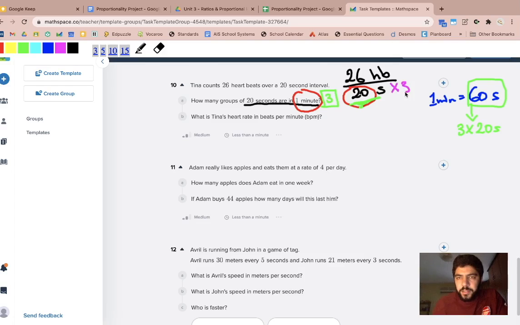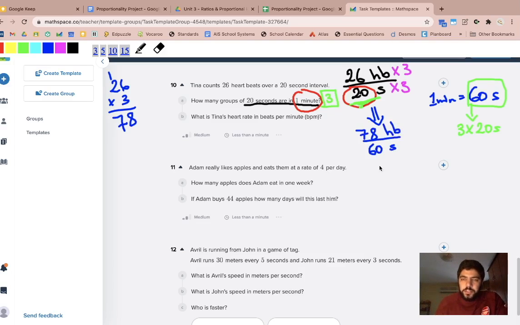And it's just by 3. So we can say that whatever 26 times 3 is, so let's find out. 26 times 3, that's 18, carry 1. 3 times 2 is 6, plus 1 is 7. So 78. So this becomes 78 heartbeats per 60 seconds.